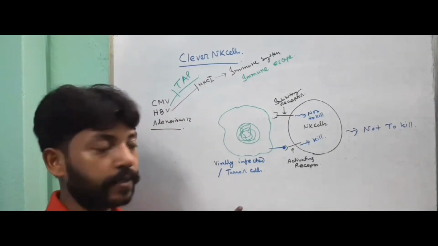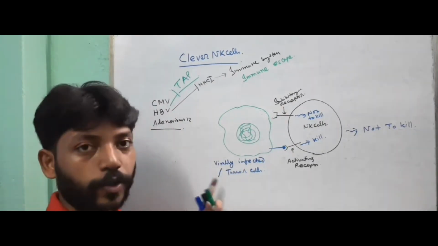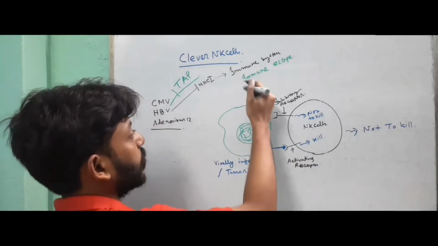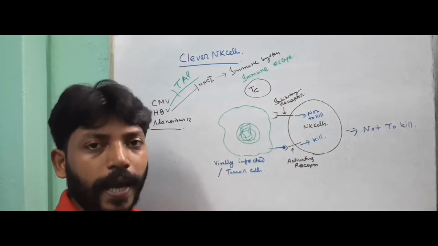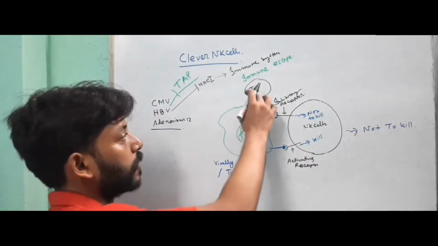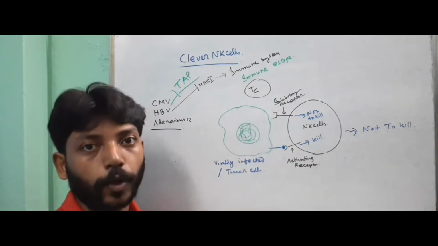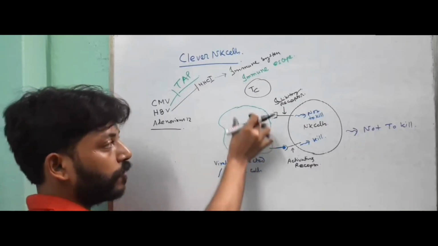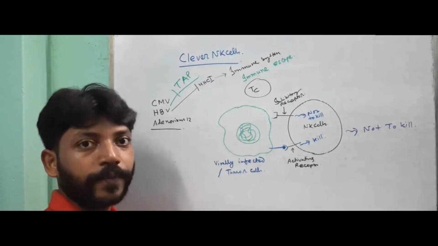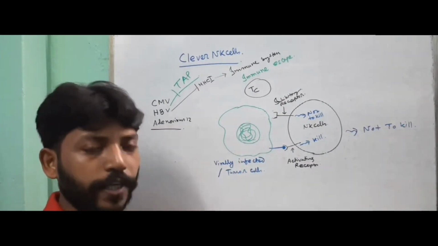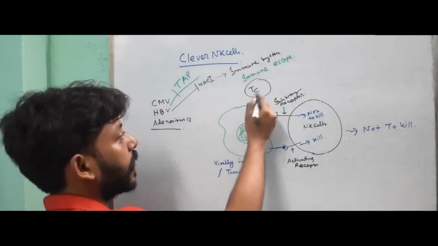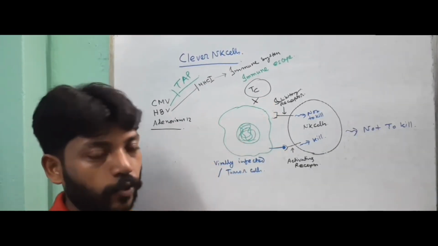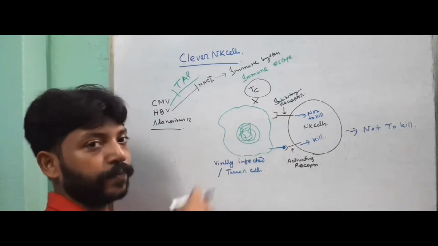As I have already mentioned, to kill the virally infected or tumor cells, another cell is responsible, called the TC cell, the cytotoxic T cell, and the cytotoxic T cell recognizes the MHC-I molecule. So when the virally infected cells or the tumor cells do not express MHC-I, they can escape these TC cells. Cytotoxic T cells cannot kill these cells.